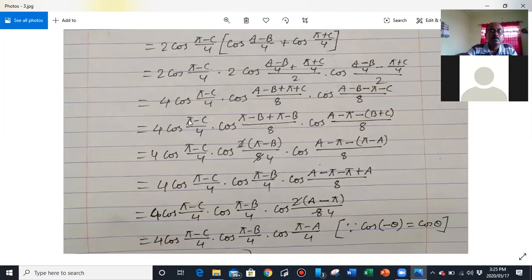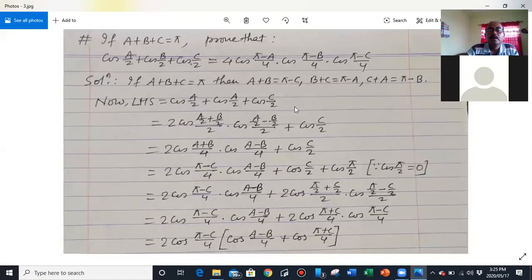Now this part is unchanged. 2 into 2, that is 4, cos (pi minus c) by 4. In the beginning, a plus c, see, pi minus b we have written here. A plus c is pi minus b.